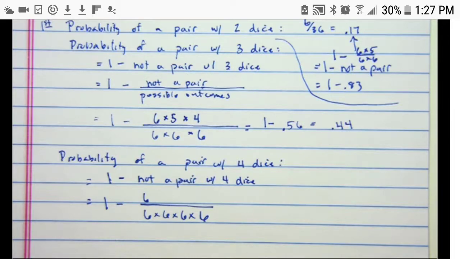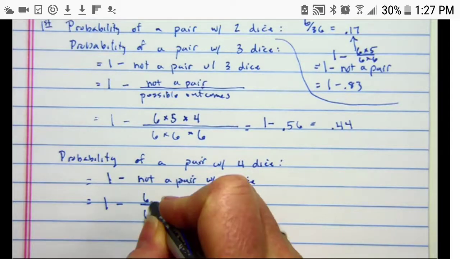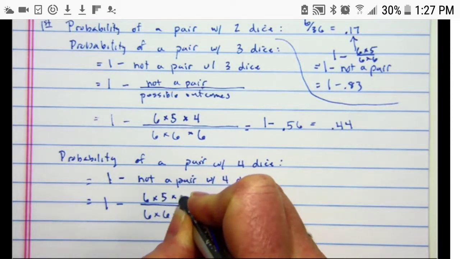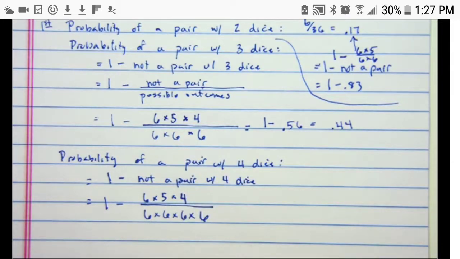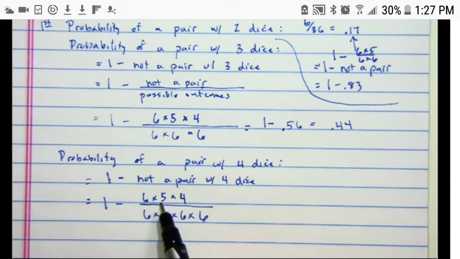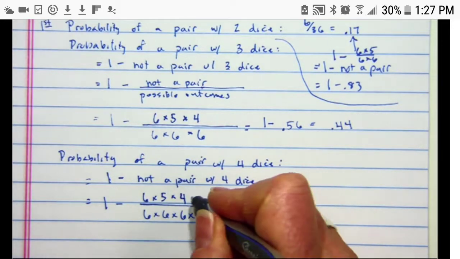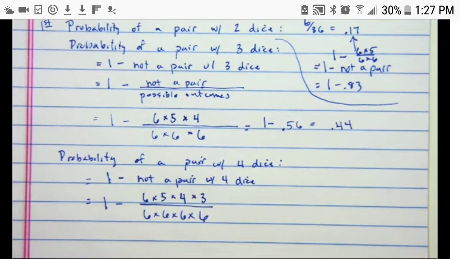Because now whatever this first dice is, the first dice can be any of 6 numbers, but once the first dice is thrown, the second dice can't be that number, so it only has 5 choices. And then the third dice can't be either of the numbers of the first 2 dice, so there's only 4 choices. And then that last 4th dice can't be what any of the first 3 were, so there's only 3 choices for that.